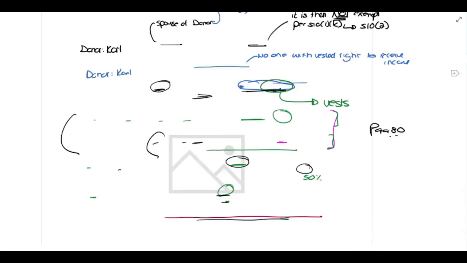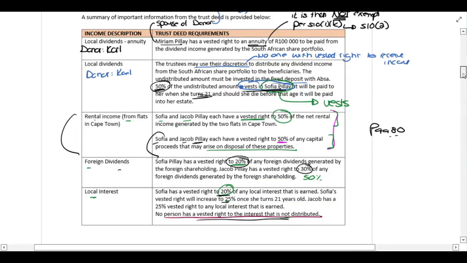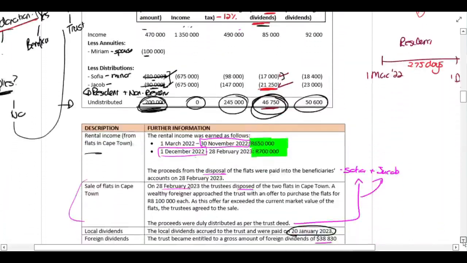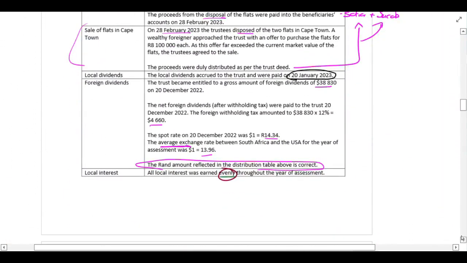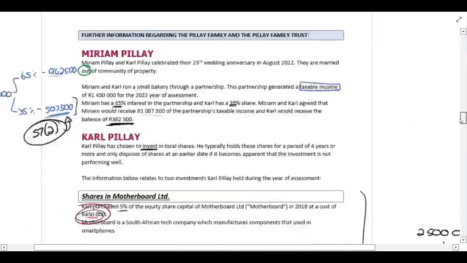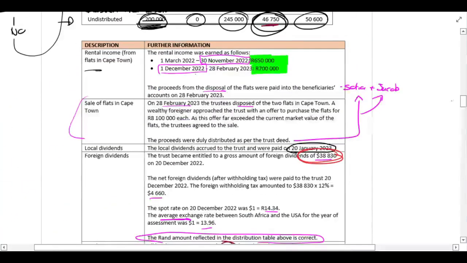Now what was the foreign tax? They tell you the trust got 38,830. That means it would have been this 490, right? So on that amount, there was 4,660 tax, and the rate is 13.96.